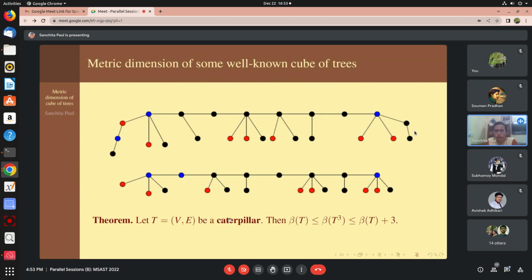So the lower bound can be easily obtained, but for the upper bound, the extra inserted vertices are depicted here by the blue vertices, depending on whether the beginning and the ending major stem contain any long leg or mid leg or not. For the above picture, you have already seen that this beginning vertex contains a long leg, that is a leg whose length is greater than or equal to 3.